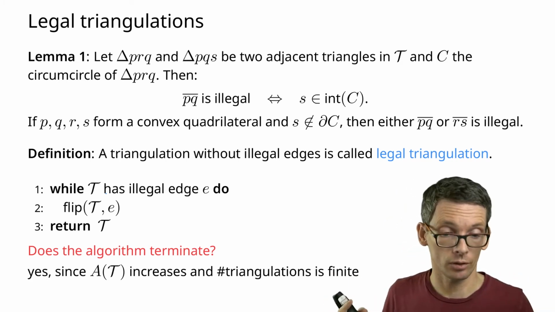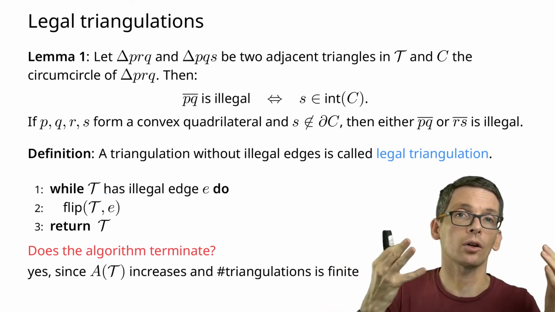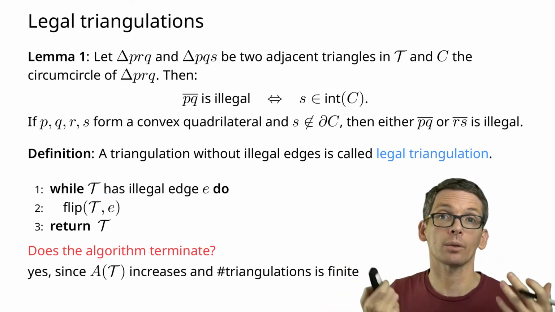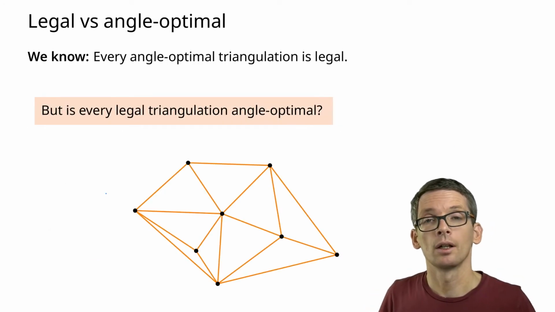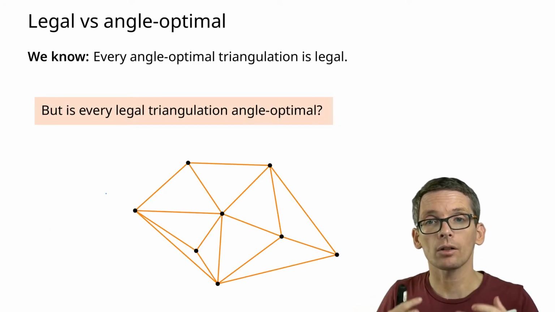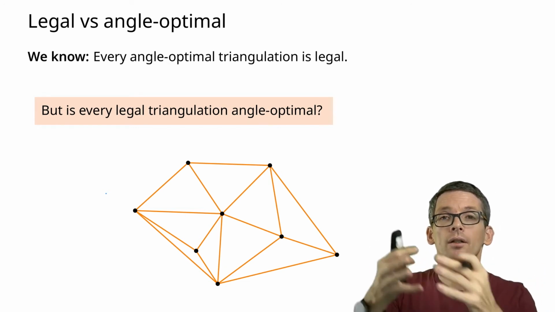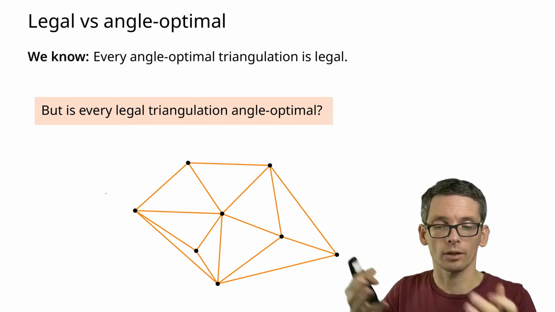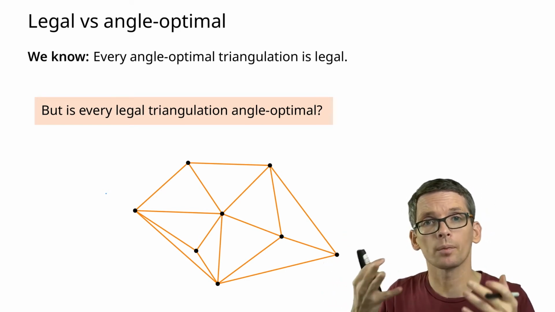algorithm will finish. Let's look at the relation between legal triangulations and angle optimal triangulations. That was our motivation, to look at illegal edges and make triangulations legal. Of course, any angle optimal triangulation is legal, since an angle optimal triangulation is maximum in relation to the angle vector, so there's no flip that could improve it.